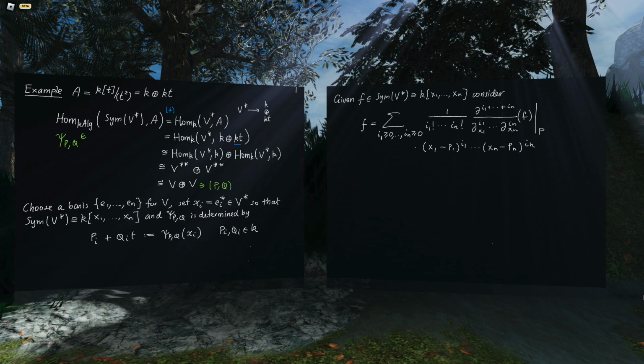So we start with psi_PQ. How do we get to Hom(V star, A)? Well, we just restrict to V star, the copy of V star inside Sym V star. The next line doesn't do anything. The line after that just splits this into a pair, which is psi_PQ restricted to V star and take the coefficient of 1.